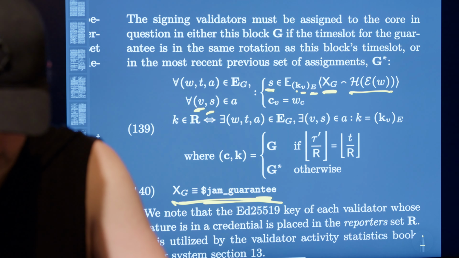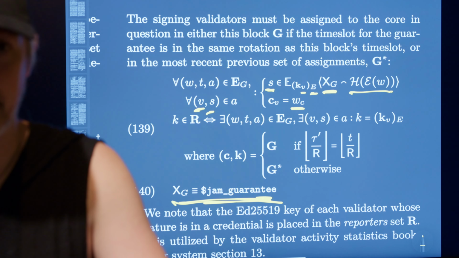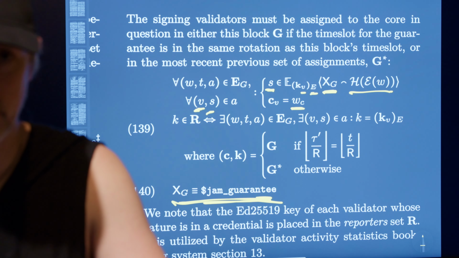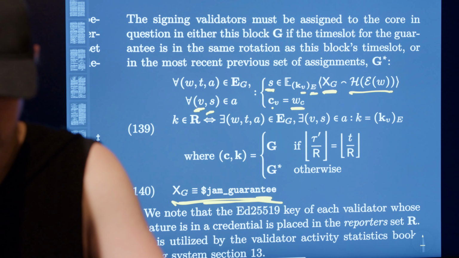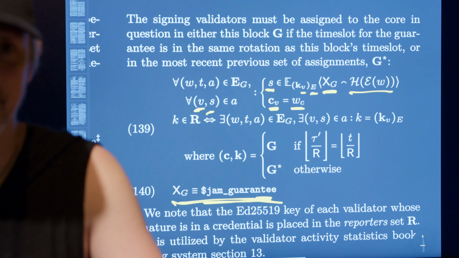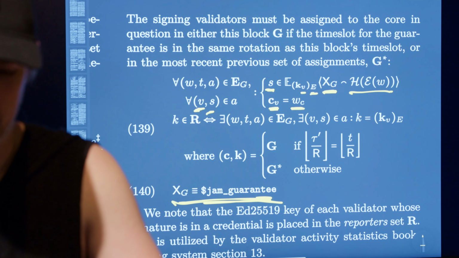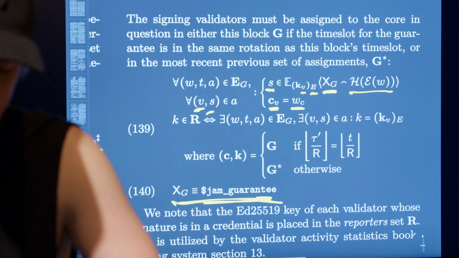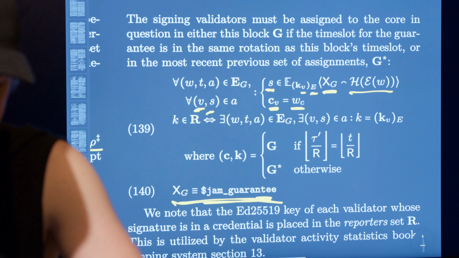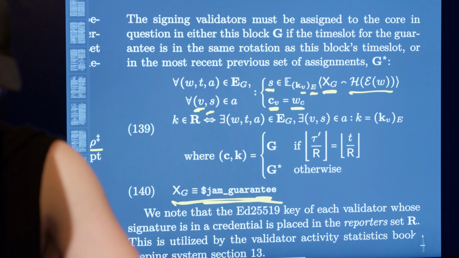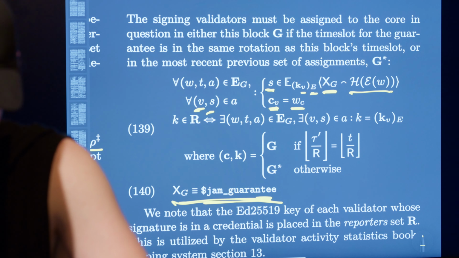Okay, good. What is K? We're going to look at that in a second. We're also going to require that the core of the work package, the core that the work package expects to be executed on, is the core that these guarantors are validated for, the core that the validator is assigned to.